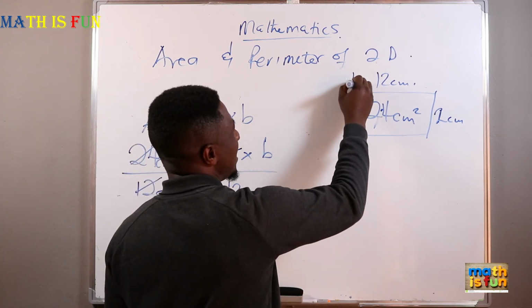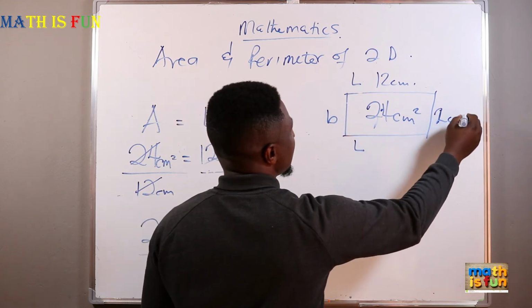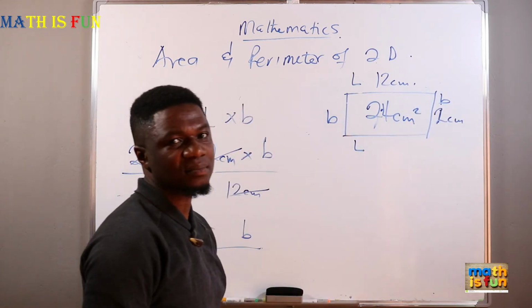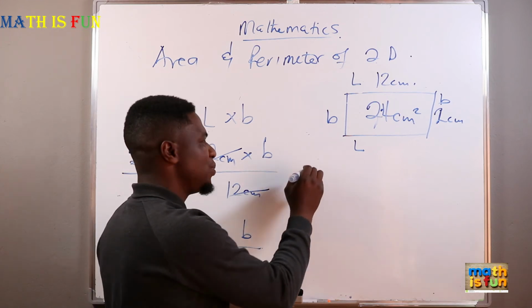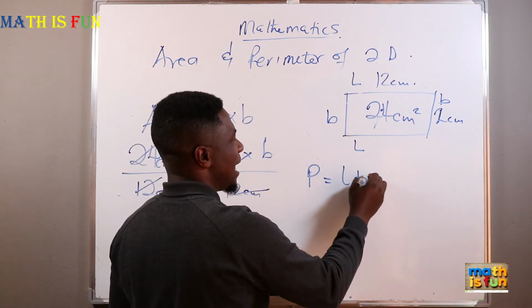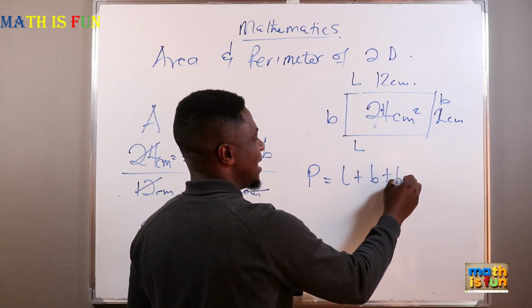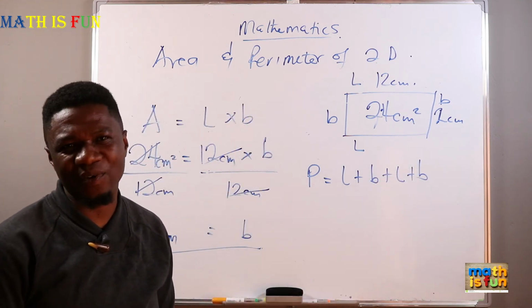Remember that we have length, and we have breadth. In some books we see that perimeter is equal to length plus breadth plus length plus breadth. It's the same thing, don't worry.